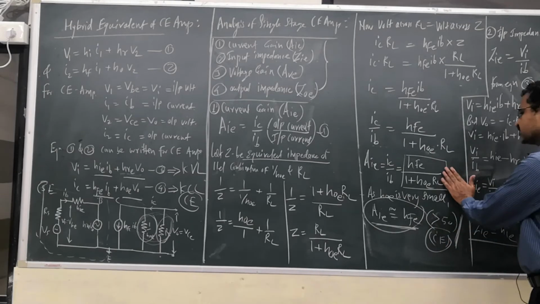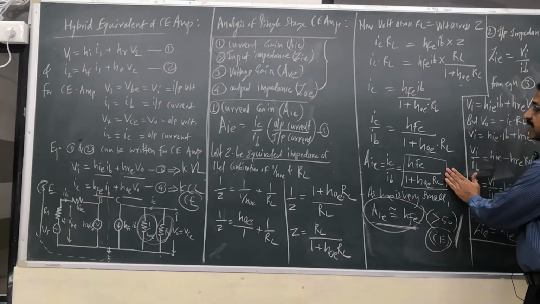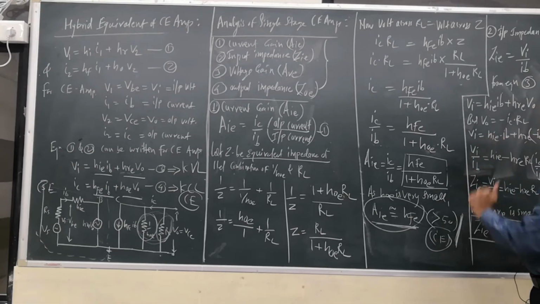So we have obtained this expression for the current gain of the CE amplifier.